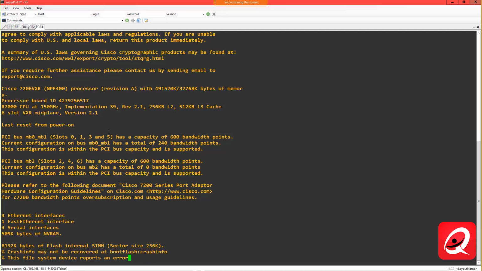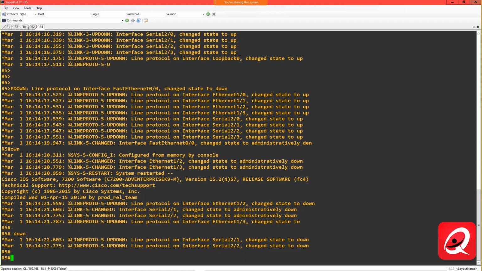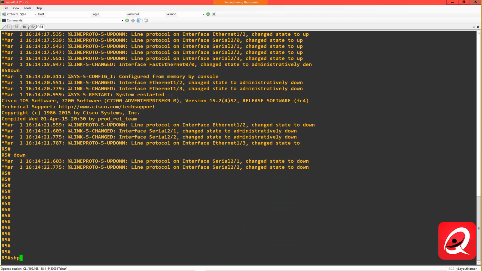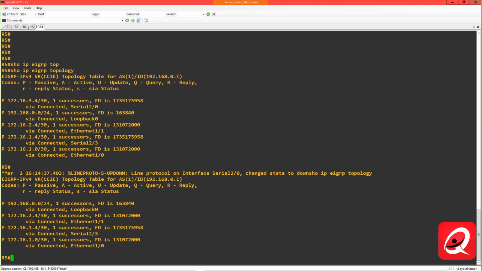If we go back to router 5 and look at our fault tolerance, there's another reason why we want to make sure that the secondary routes are feasible successors. Let me do a show IP routing or show IP EIGRP topology one more time. All right, we're still converging here.